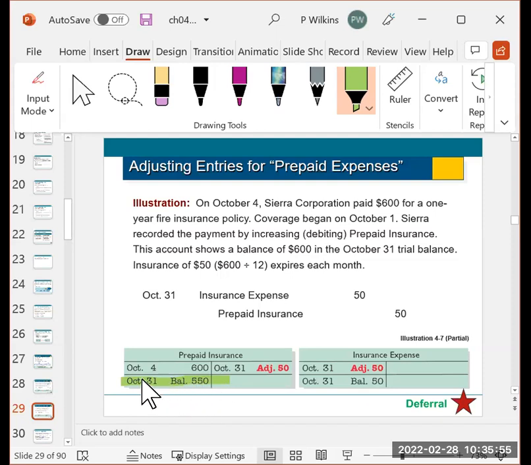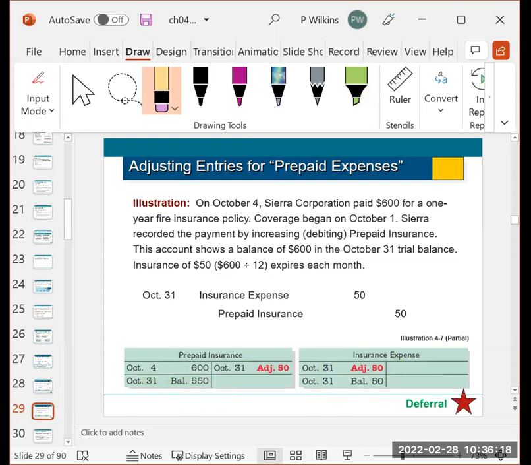At the end of November, we have $500 left. At the end of December, we have $450 left. It's going to keep going down until it gets to zero, and the insurance expense is going to keep going up until it gets to 600. So it's like you're moving it from one account to another.